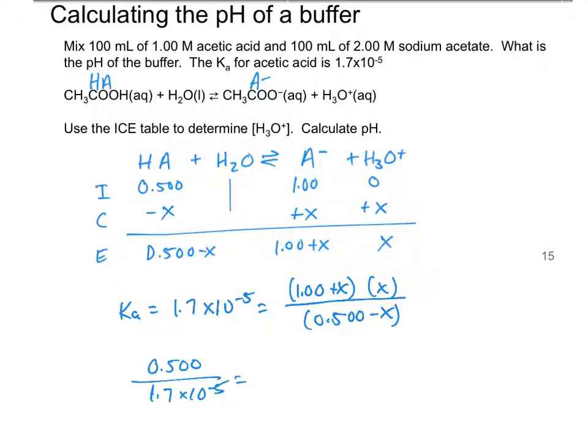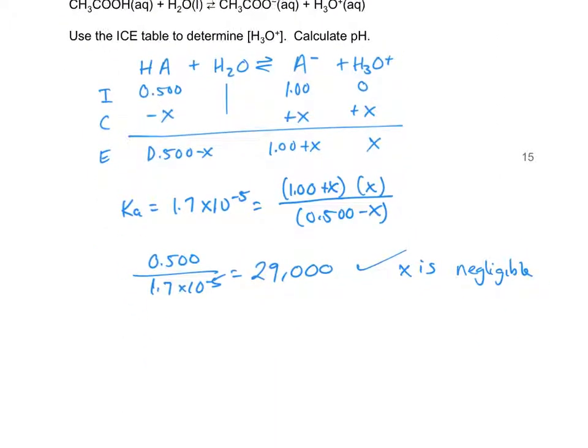So when you divide 0.5 by 1.7 times 10 to the minus 5, you end up with 29,000. So yes, we can assume that X is small. X is negligible. So we can get rid of X in comparison to the 0.5 and to the 1.